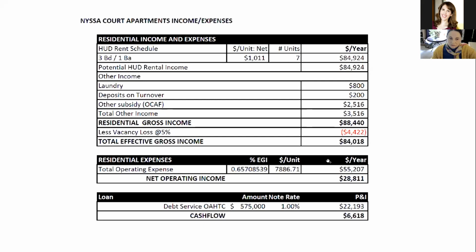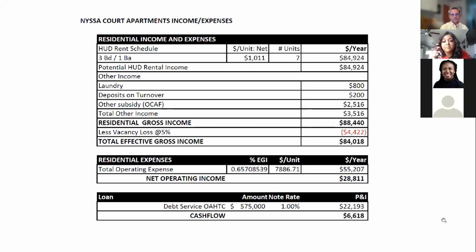And this was kind of a mom and pop type of ownership between 3 different parties that owned Nissa Court at the time. And so we were approached to manage the property, but it was supposed to turn into managing the property and then eventually buying the property within a year of managing the property.